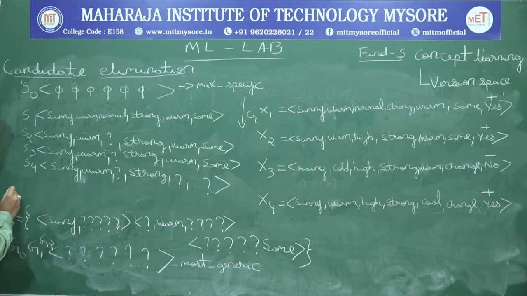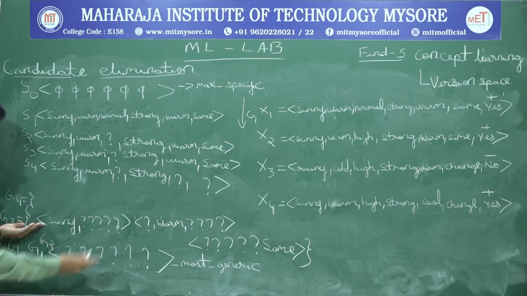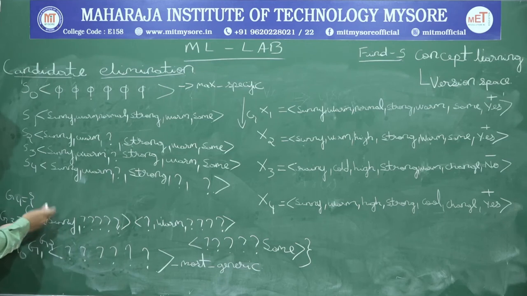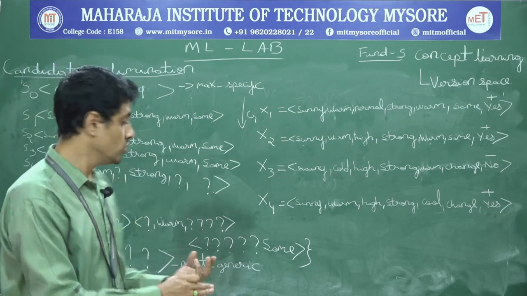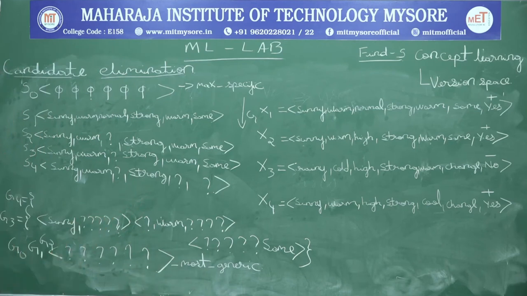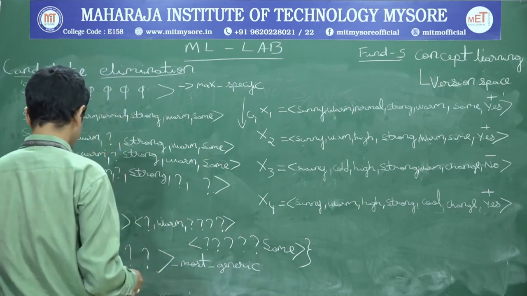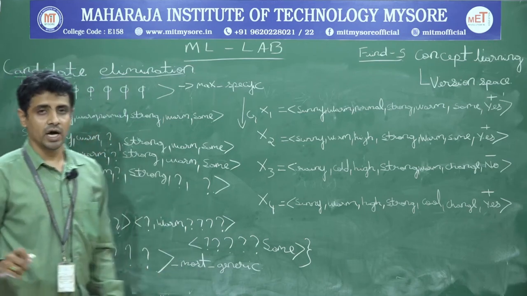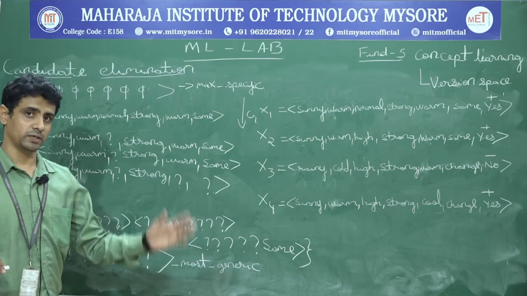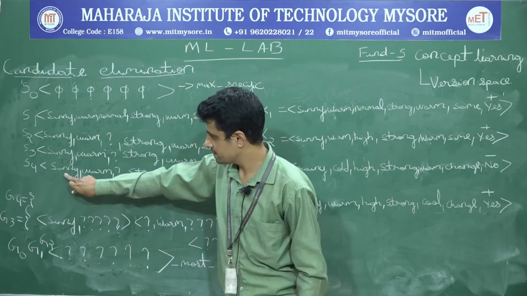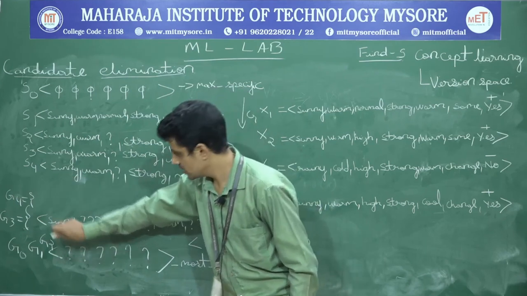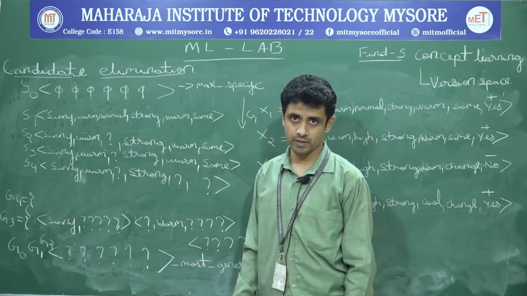Now just check before writing G4. Can I make it more specific? I am trying to move generic towards specific and moving specific towards generic to finalize their boundary correspondingly. So how to apply the generic one with respect to specific? Now see in this example, I have sunny here, and we have sunny here, so I can keep this.